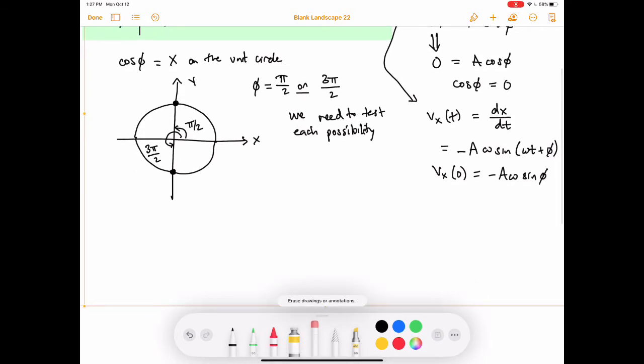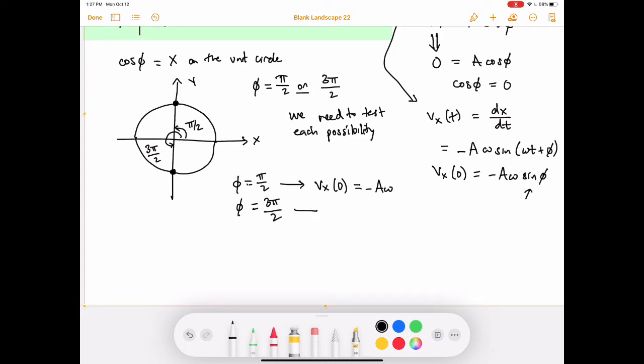So if phi is equal to pi over 2, okay, if we plug in pi over 2 for the angle, the sine of that angle is actually equal to 1. So the initial velocity is just minus A times omega. If we plug in the other angle, 3 pi over 2, sine of 3 pi over 2 is minus 1.